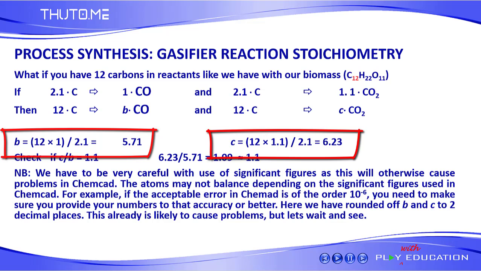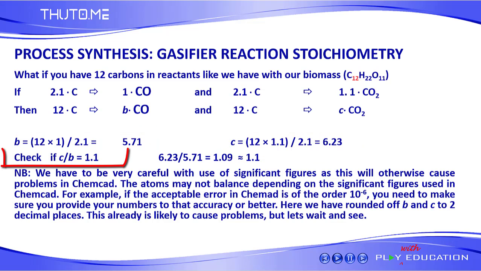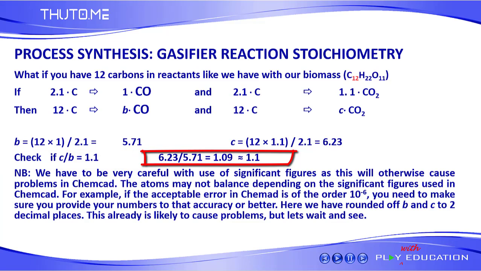The most important thing to do is, let's check if C over B is equal to 1.1. Calculating that, we find that C over B is equal to 1.09, which is approximately equal to 1.1.